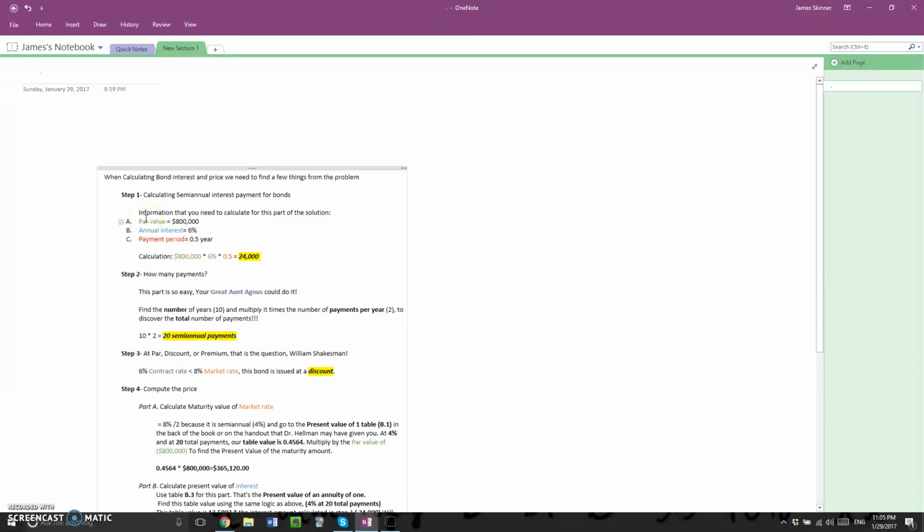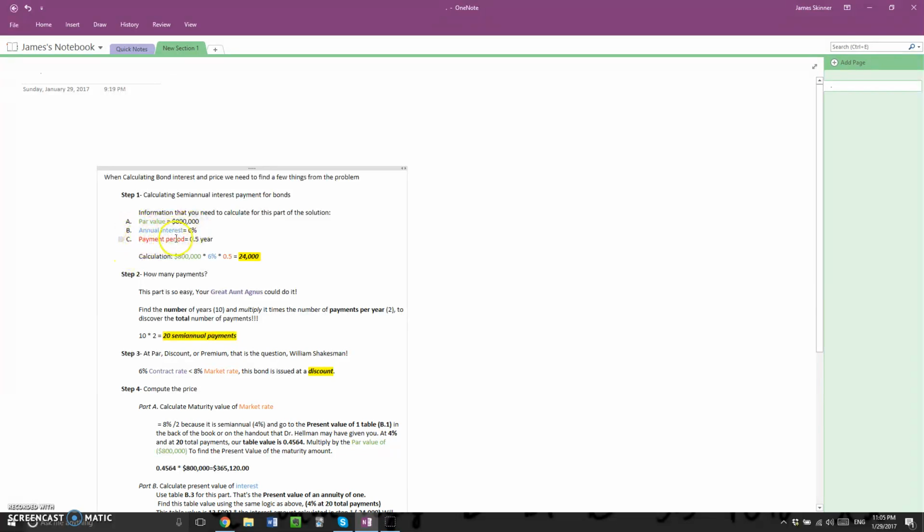So, for step 1, we're going to need to calculate the semi-annual interest payments for the bond. The information that you need to calculate for this part of the solution is the par value, which is $800,000.